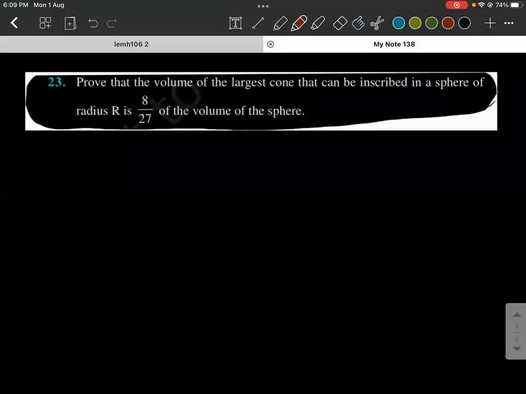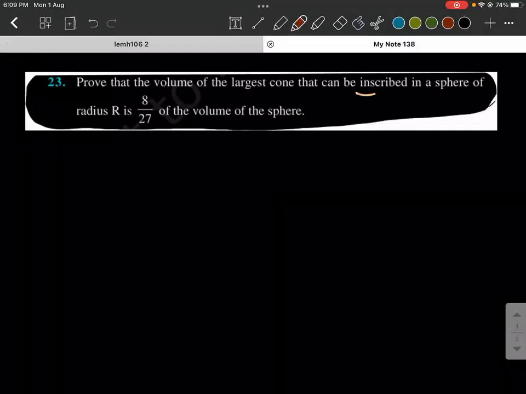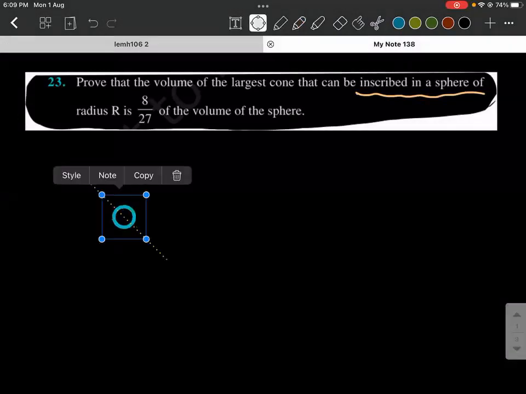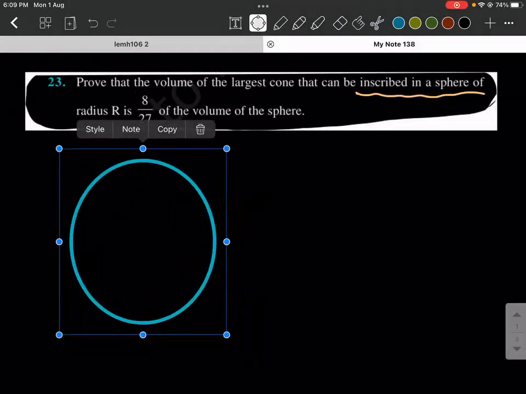Prove that the volume of the largest cone that can be inscribed in a sphere of radius capital R is 8 by 27 times the volume of the sphere. So I have a sphere.